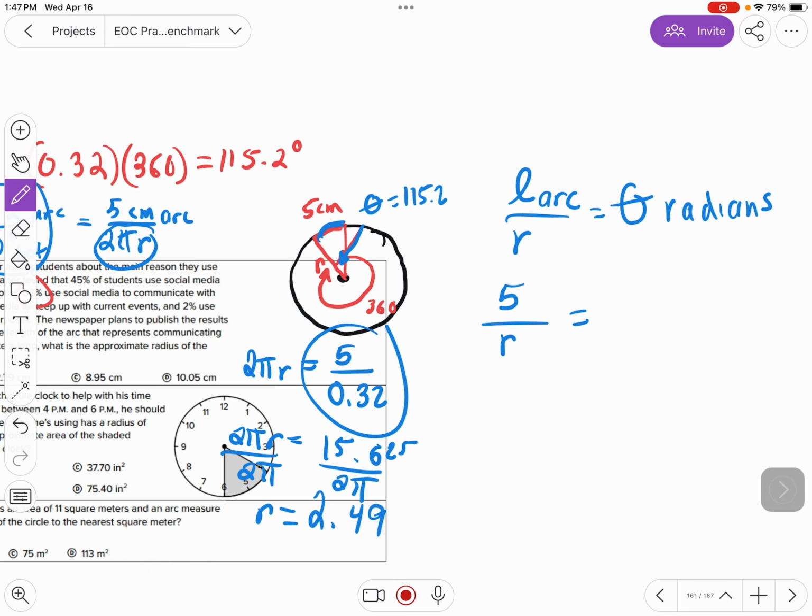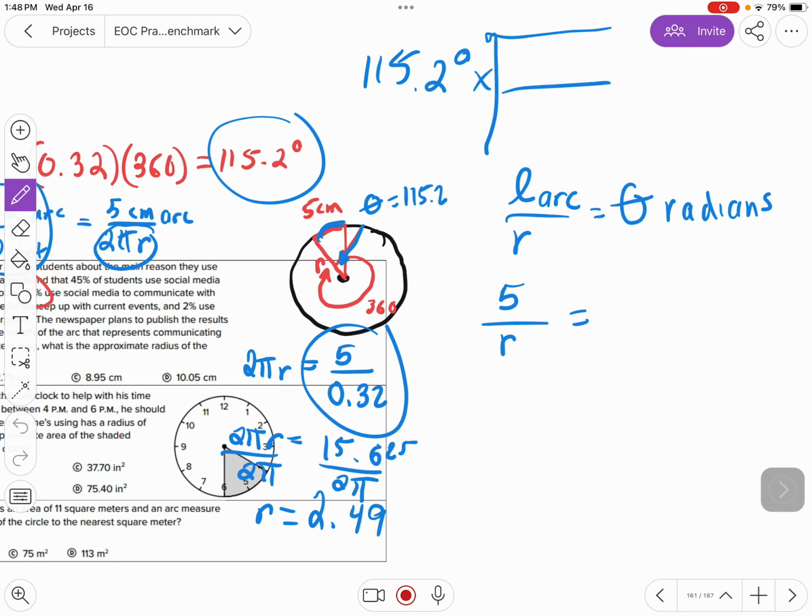And then for theta in radians, all I have to do is take the degree measure that I already solved for, 115.2. I would need to calculate that number no matter which method I use. So all I need to do now is convert this 115.2 degrees into radians. How do I do that? I use the factor label method. I'm going to multiply by a conversion factor, and that conversion factor is important, and you need to know it.